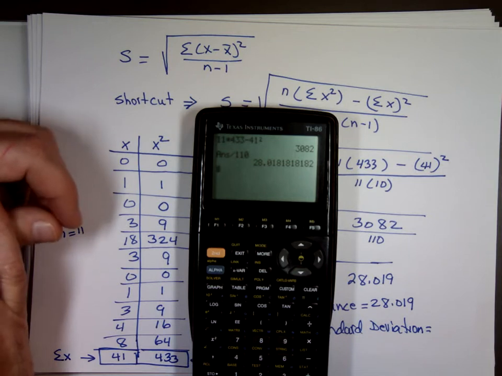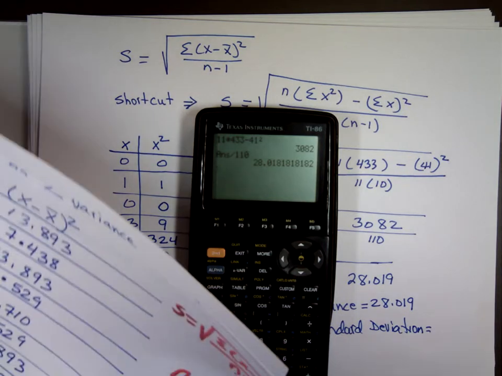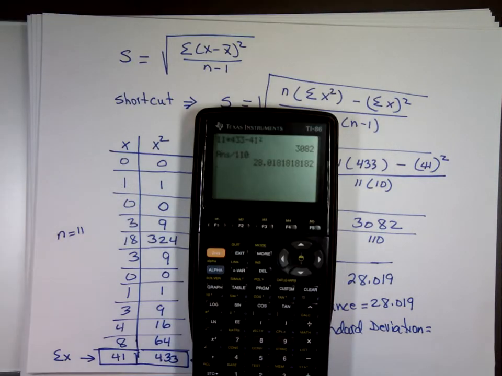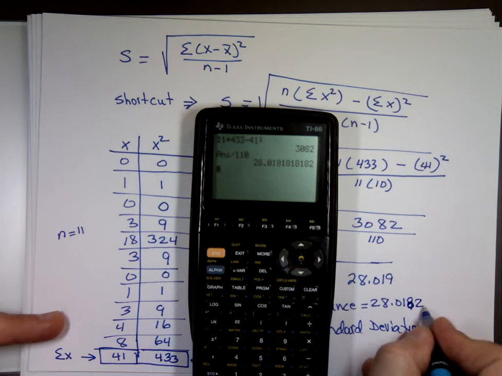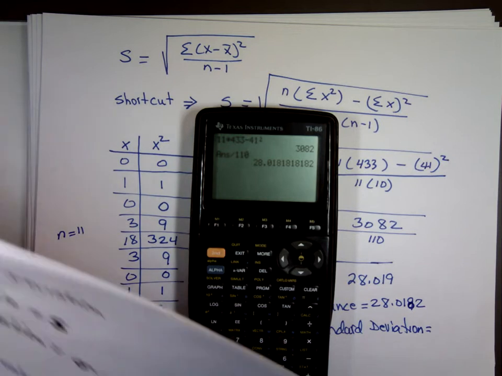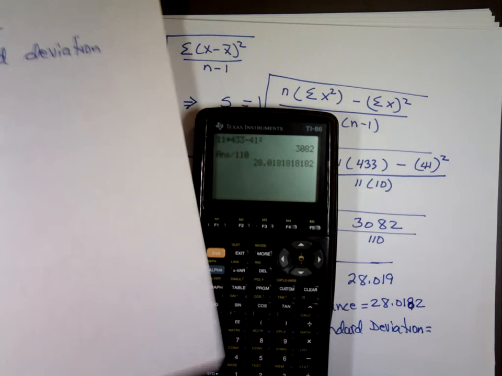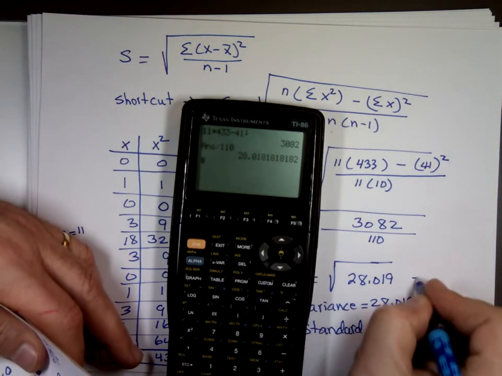Can you see it if you round it? Same exact number. I don't know why I said 9; it's 28.0182. Take the square root of that number. And what was it? 5.29. Same exact answer.